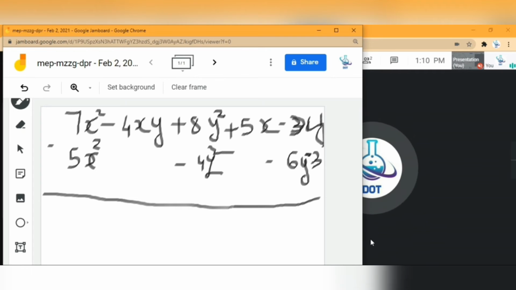So, we can write it as minus 3 will become plus 3.